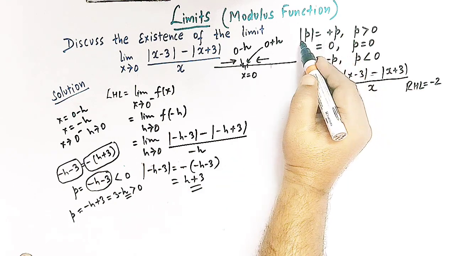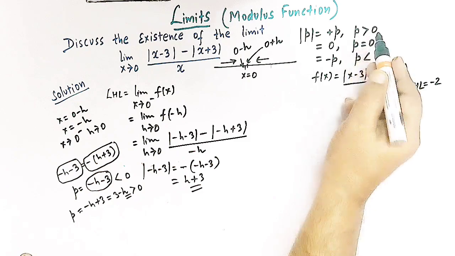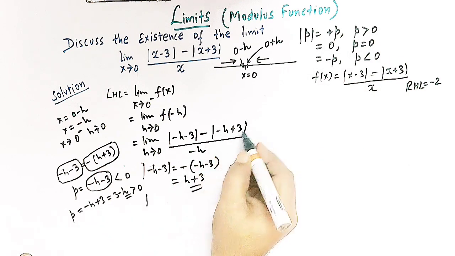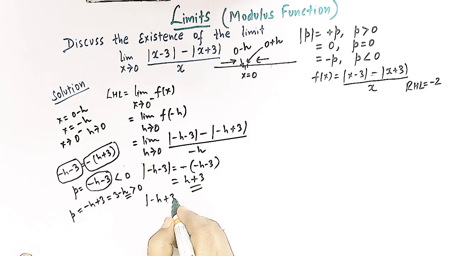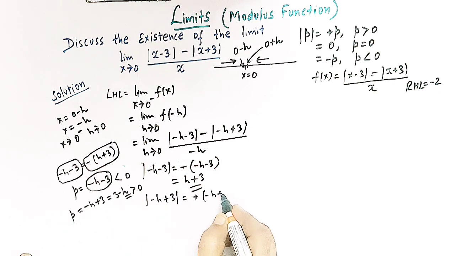So now we have to take mod of p is equal to positive p when p is greater than 0. So in this case, mod of minus h plus 3 can be written as positive minus h plus 3, which is simply minus h plus 3.